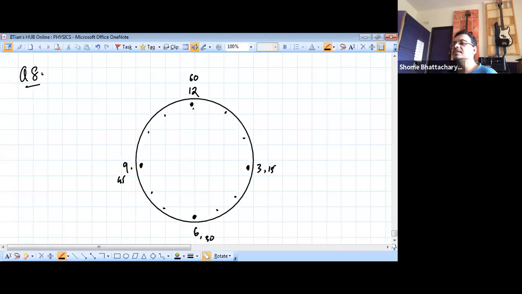So you'll see that at the center, this angle is 90, this angle is 30, this angle is 30, like this. These all angles are like this.